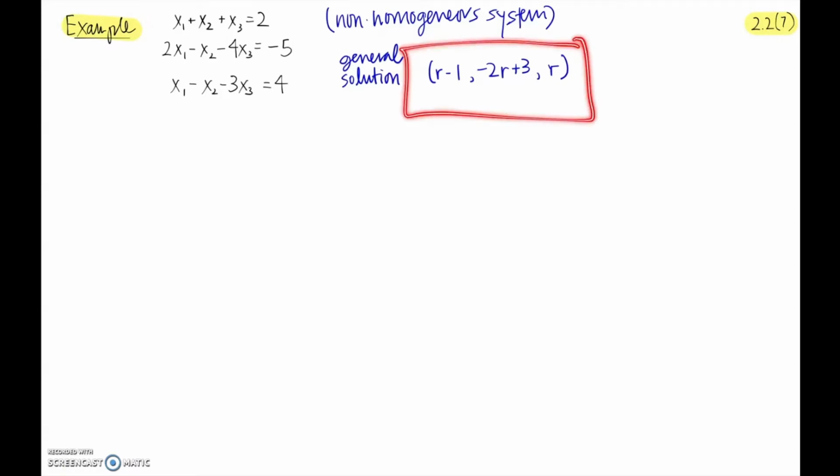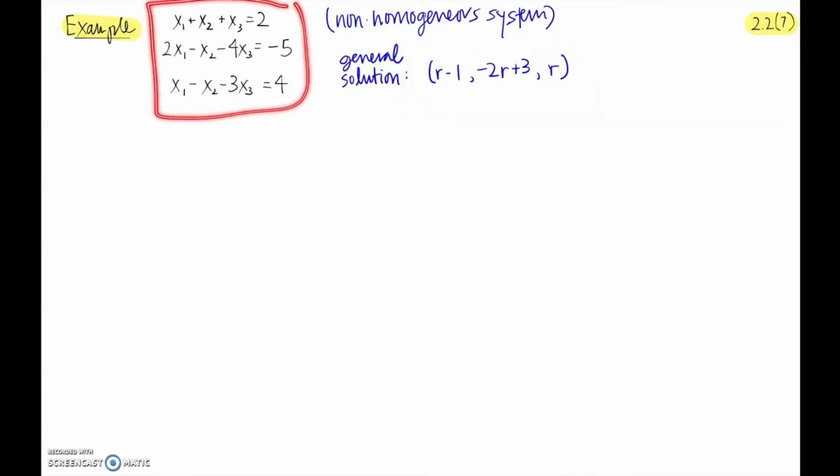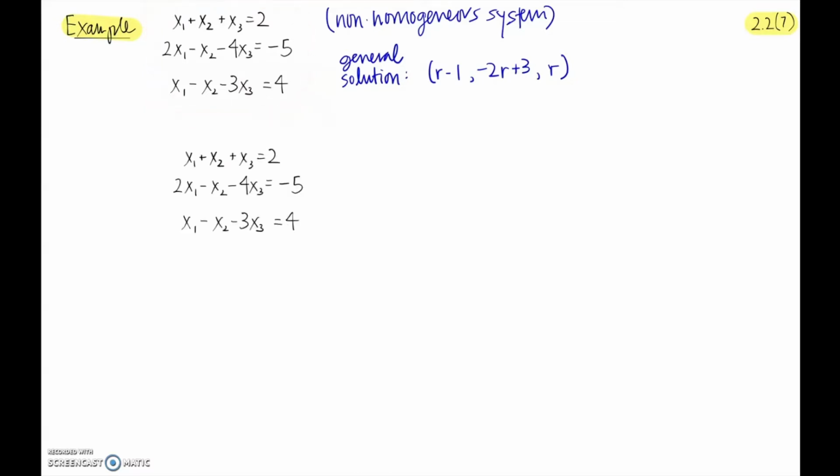These are the solutions to this non-homogeneous system. Think for a minute what the corresponding homogeneous system should look like. Well, it looks exactly like this one, except I'm going to take off these constant terms and replace them with zeros. This is the corresponding homogeneous system.